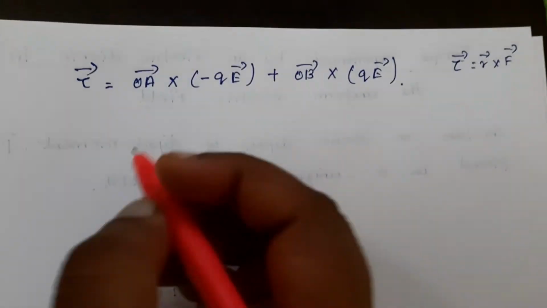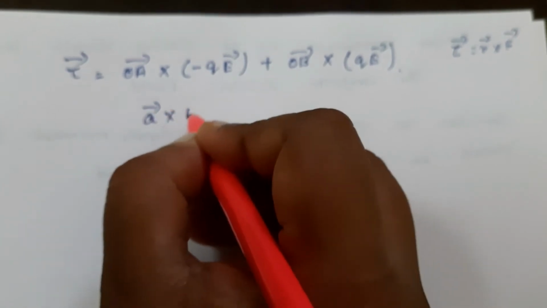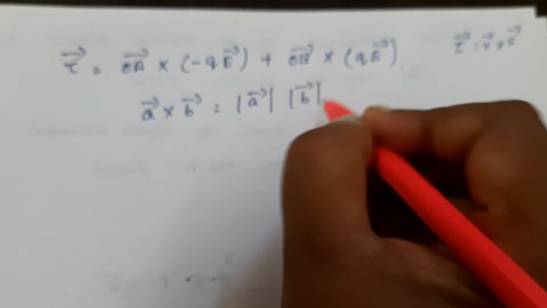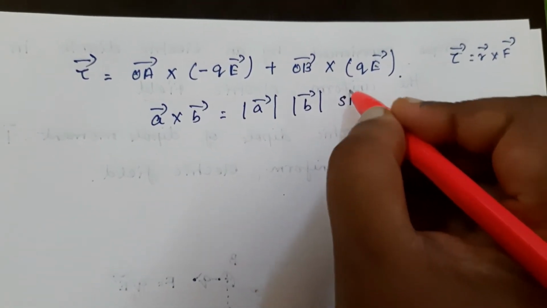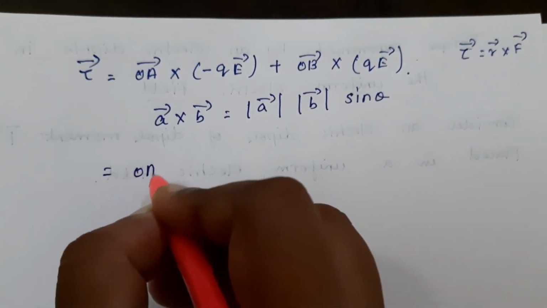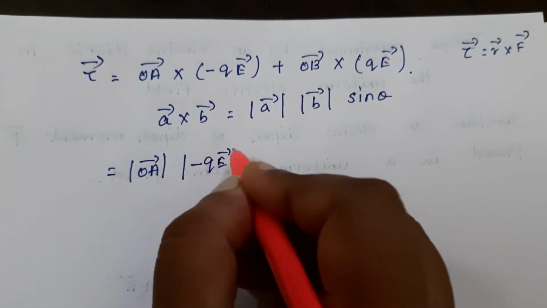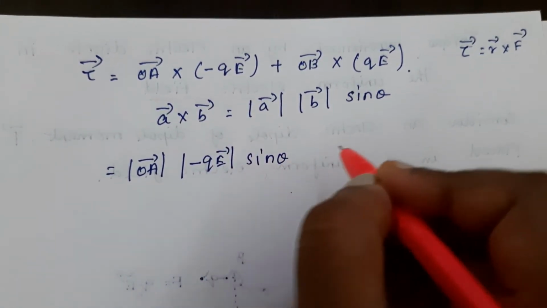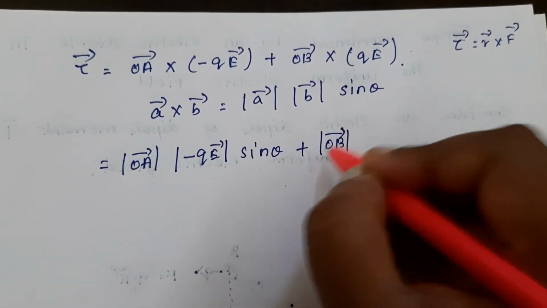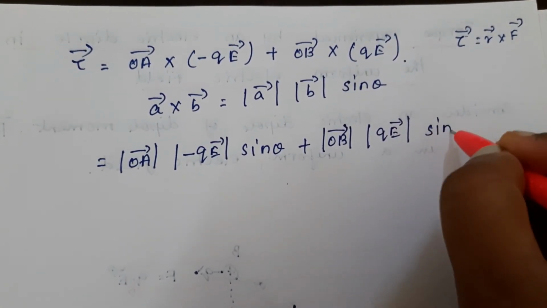Now you know A cross B vector is equal to modulus A, modulus B into sin theta. So now I'm going to apply it here. I can write modulus OA into modulus of minus QE sin theta, plus modulus OB into modulus QE into sin theta.